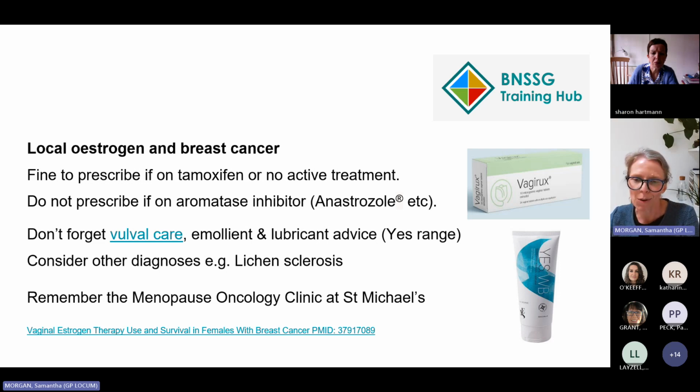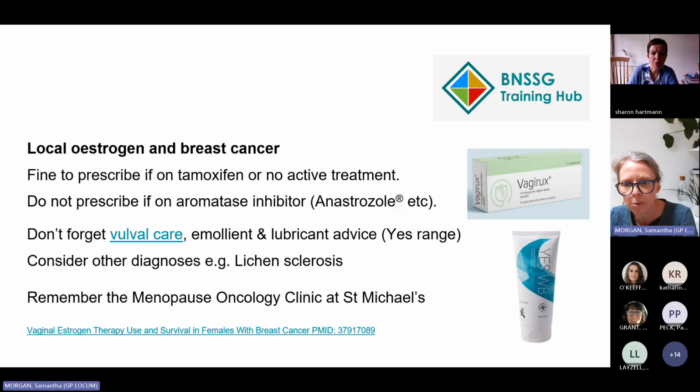Many patients can be worried, and of course we can be worried sometimes as well. And we're lucky in this area, we've got the Menopause Oncology Clinic with their MDT approach, who are able to see any women who are using anti-estrogen therapy who have menopausal symptoms. So if you don't feel confident yourself prescribing, that can be a really good route to consider.